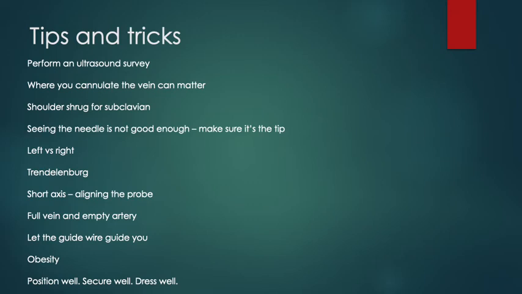So getting a patient, if they're able to, to shrug their shoulders, or if some other alternative is placing a rolled up piece of towel behind the scapula on that side, just to open up that area to really give yourself a bit more window, is helpful.